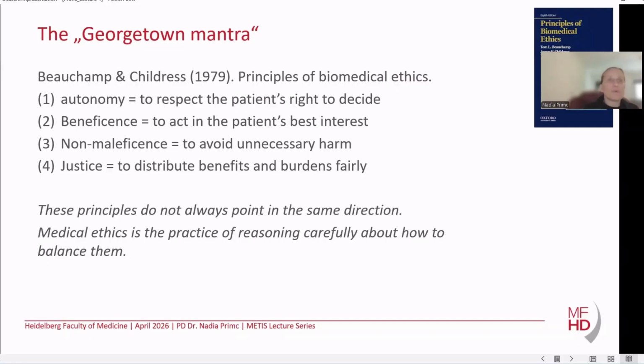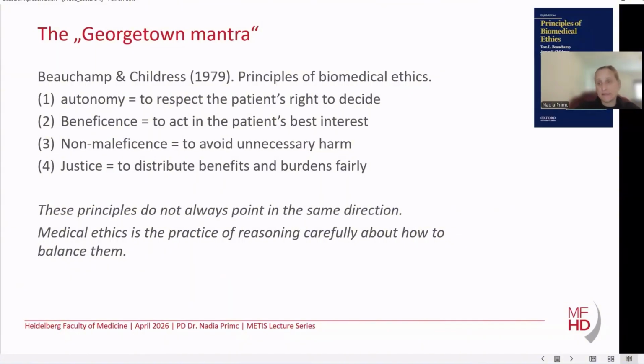And those 4 principles are autonomy, the respect for the patient's right to make decisions about their own care; beneficence, the duty to act in the patient's best interest; non-maleficence, the duty to avoid causing harm; and justice, which amongst other things requires the fair distribution of benefits and burdens in healthcare.